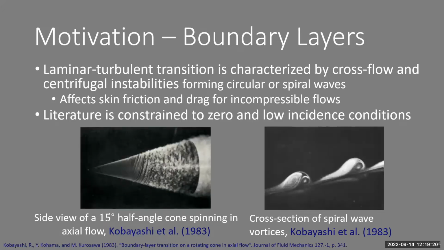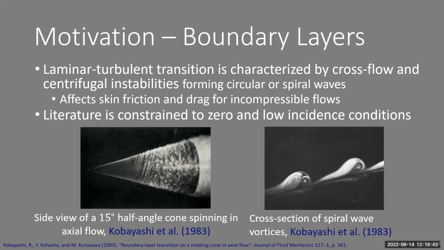Beyond the vortical flows outside of the boundary layer, the boundary layer regions have very complex phenomena as well. The laminar to turbulent transition is an important topic because it has significant effects on skin friction and drag for incompressible flows. For compressible flows, it will have direct implications on aerodynamic heating, but everything here will be low speed incompressible.